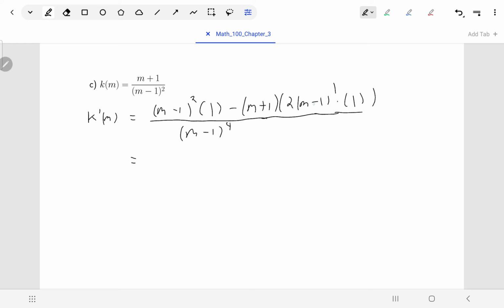I can take the m minus 1 that's a common factor out, leaving in the first term a single m minus 1, and in the second term a 2 times m plus 1.